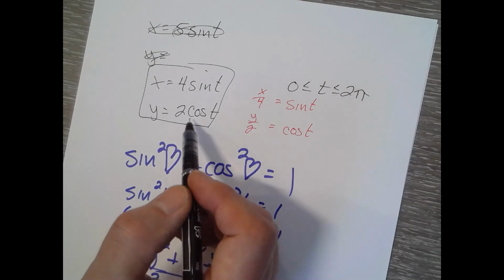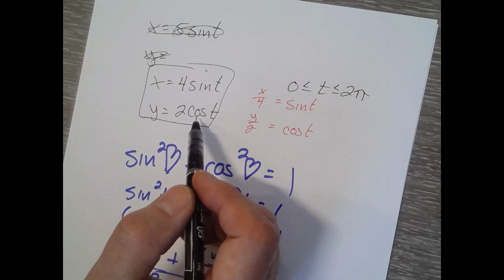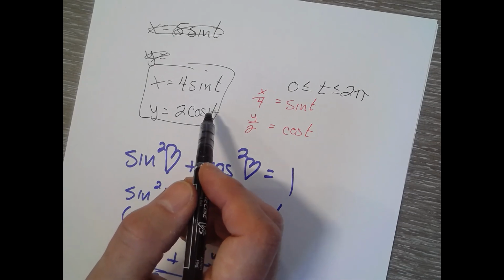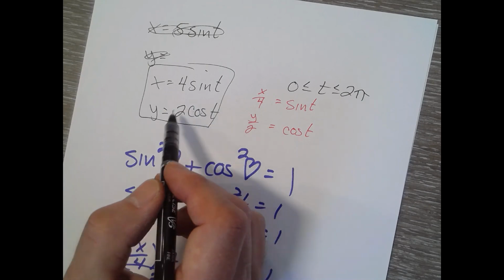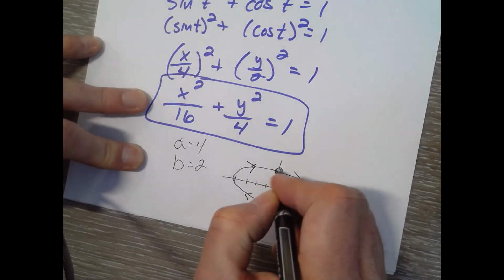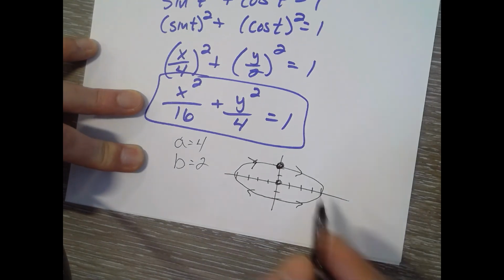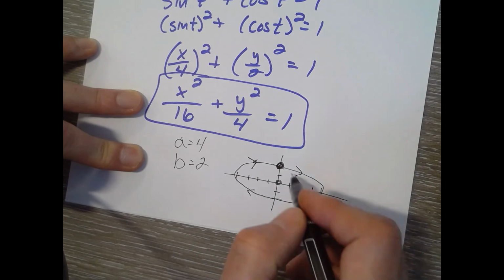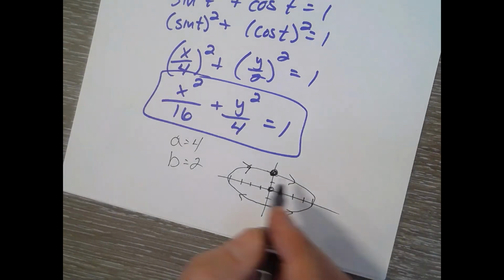The cosine of 0 is 1, times 2 is 2. So 0, 2, there's my initial point right there. And we know it went all the way around and ended right there. So it has all those points. Your calculator showed that it goes that direction.